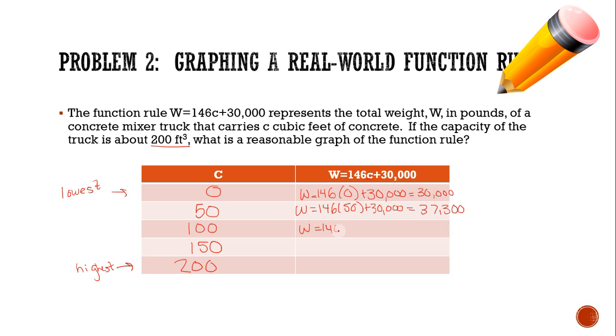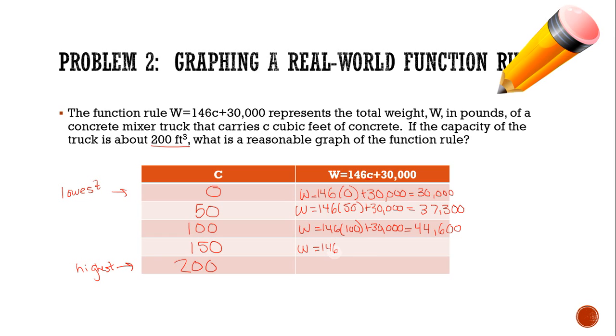Same thing here. I'm going to do 146 times my C, which is 100. Add 30,000 on. Basically, I'm taking the value I got and plugging it in for C, substituting it. 146 times 100 is 14,600 plus 30,000. So I'm going to get 44,600.